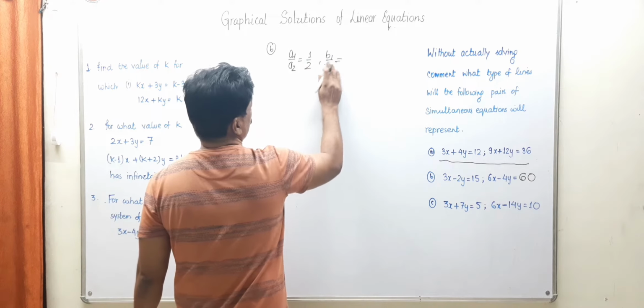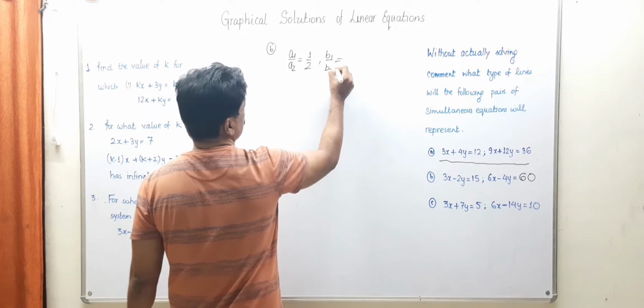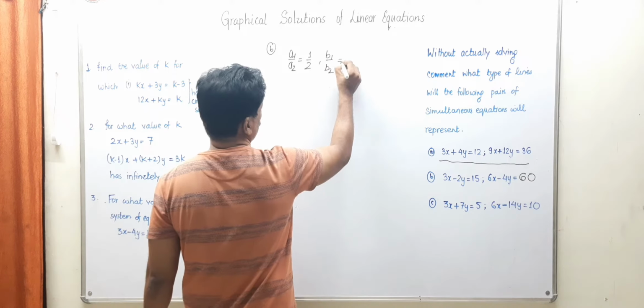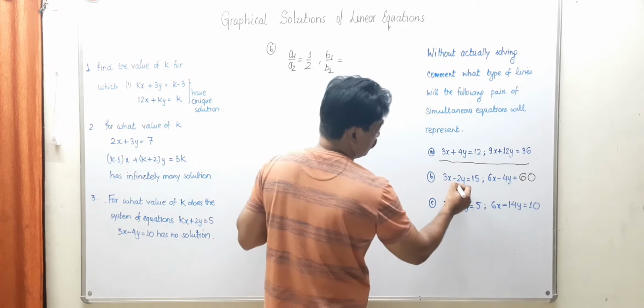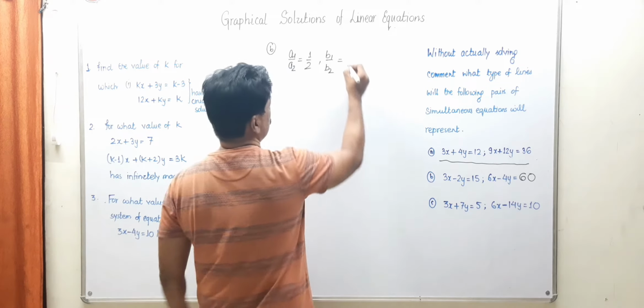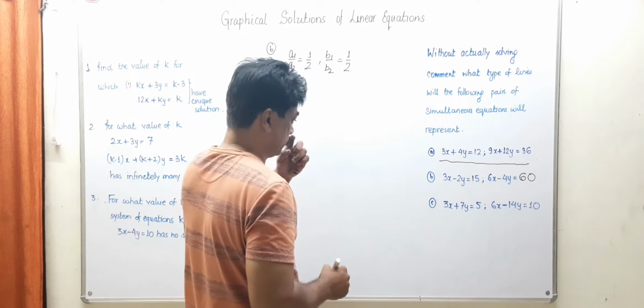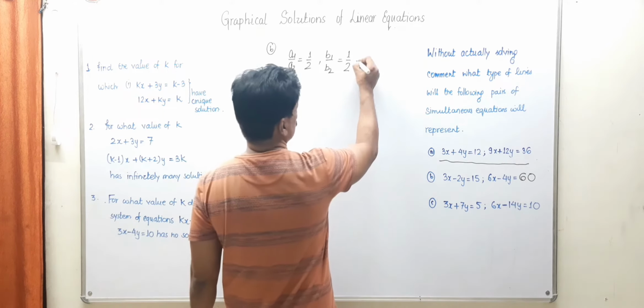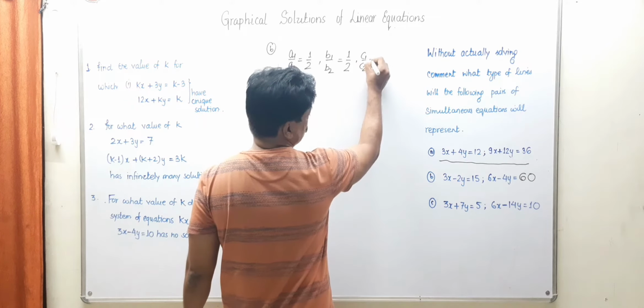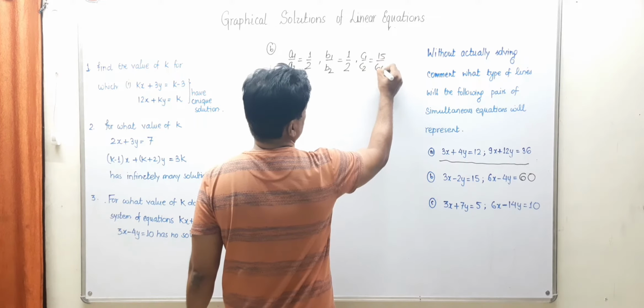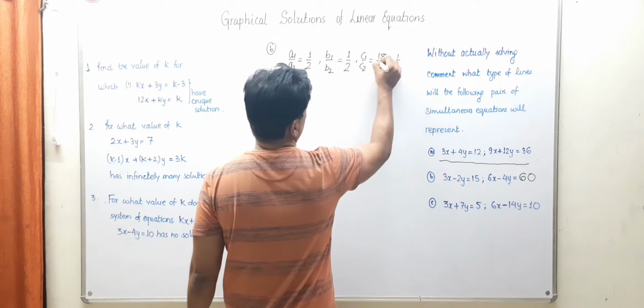Let us see. b1 by b2 is minus 2 by minus 4, so that is also 1 by 2, and c1 by c2 is 15 by 60, that means that is equal to 1 by 4.